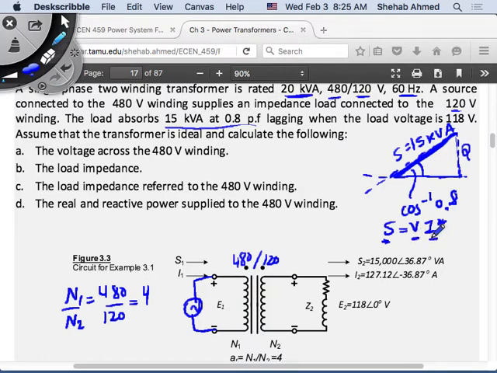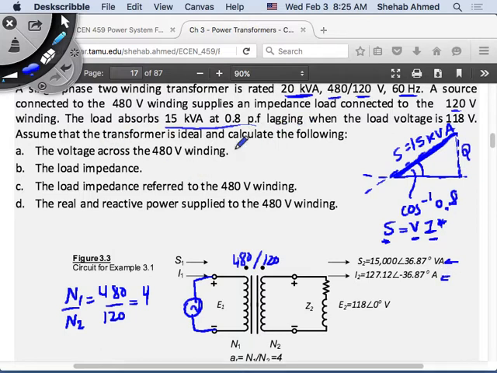So I can calculate a lot of stuff right now, and they did that, obviously. You were given S, and you were given its power factor angle, and you were able to calculate I2 because of this power triangle that we drew up here, and the S equals V times I conjugate relationship. So we'll go through the solution that they did, but let's see what we can do without looking at the solution here.